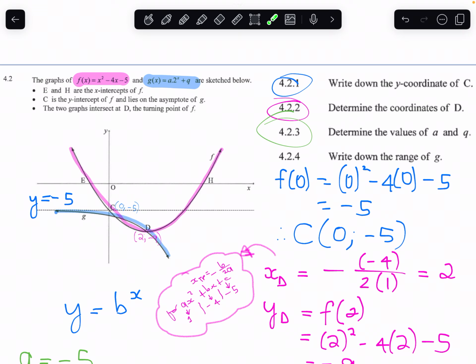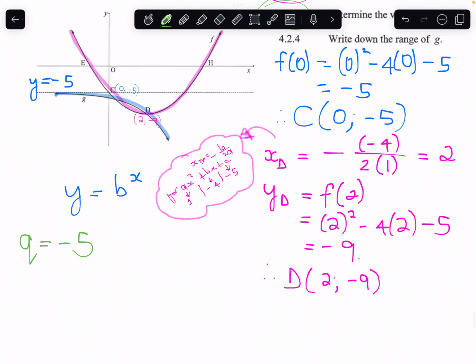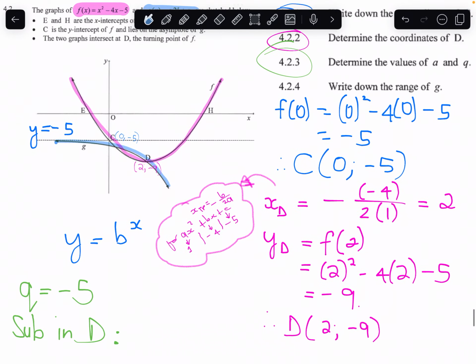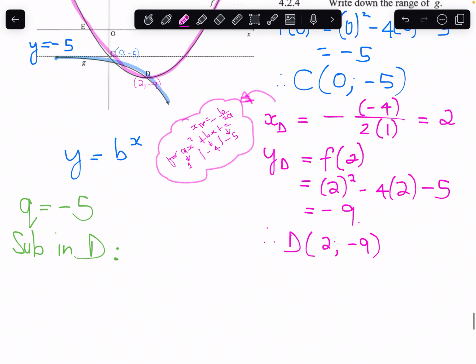To find A, we can now use the point, right? Because we were told that D lies on F and on G. So we can use this point to figure out what A is, right? So we're going to sub in the point D. So the y value is negative 9.